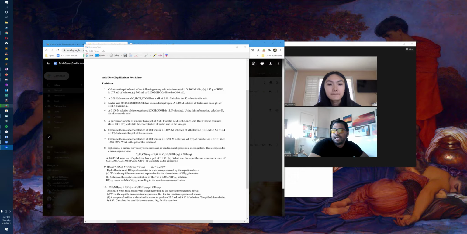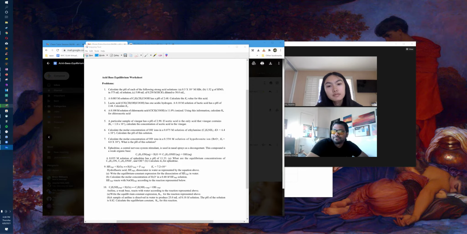Okay. And since it's a strong acid, it's going to break apart completely. So the H plus concentration will be this, and the NO3 minus concentration will be this. So we just use the H plus concentration of that.